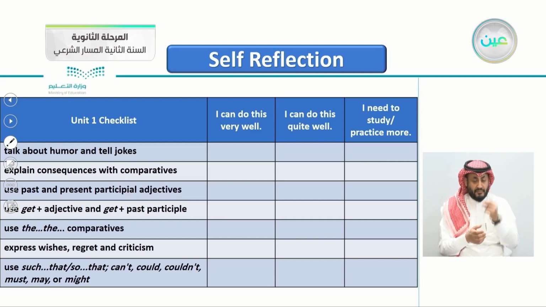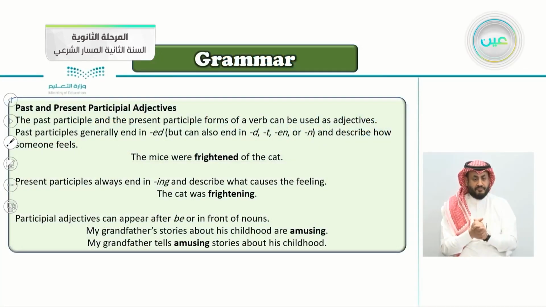Do you remember this lesson here? Past and present participles as adjectives. The past participle and also the present participle form of a verb can be used as adjectives. Past participles generally end in -ed, but can also end in -d, -t, -en, or -n, and describe how someone feels.